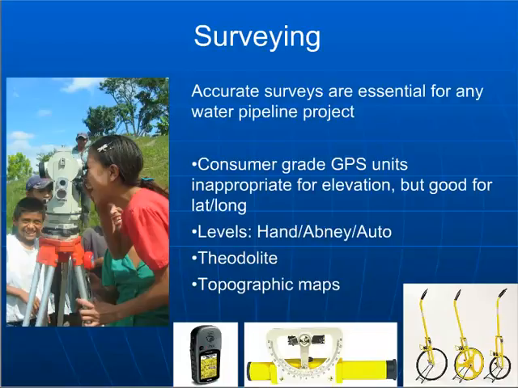beginning of the project. The good thing about GPS units is that they're very good for getting latitude and longitude, so it's easy to work with a community and map out the boundaries of the community, map out the location of the springs, map out where the desired tap stands might be.